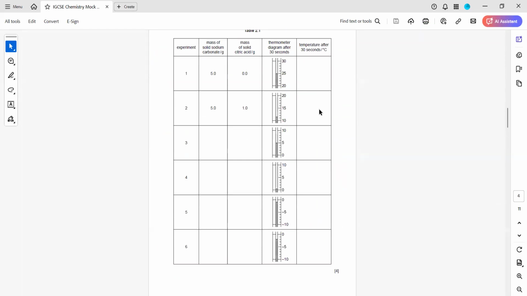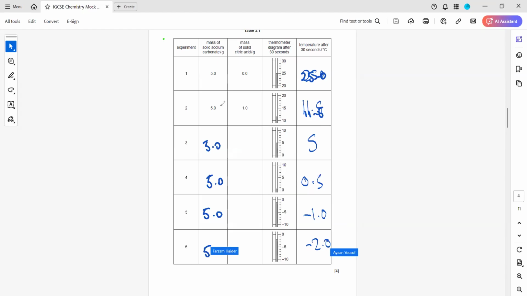The mass of sodium carbonate: how much did he use? He used 5 grams for all the experiments.